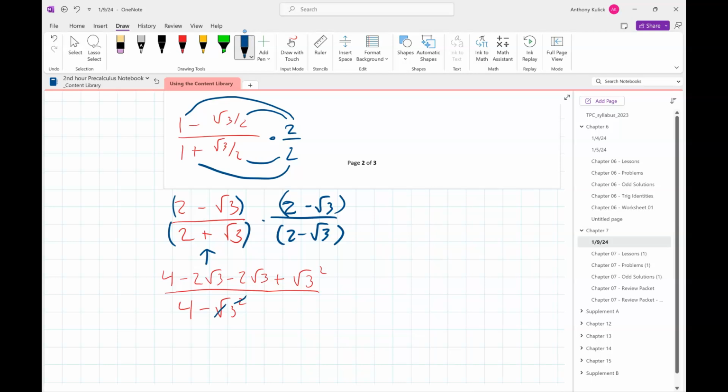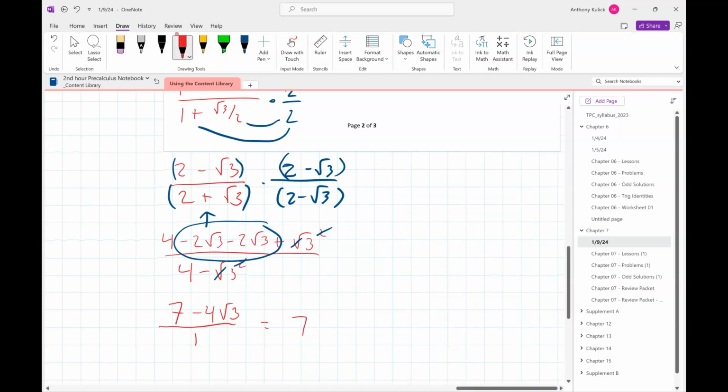Again, I know the squares cancel with the square roots. So in the top, I have 4 plus 3, that's 7. And the bottom, I have 4 minus 3, that's just going to be 1. And then minus 2 root 3, and then another minus 2 root 3 makes minus 4 root 3s.